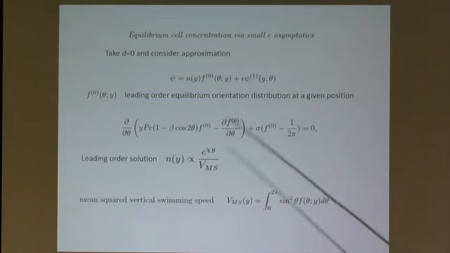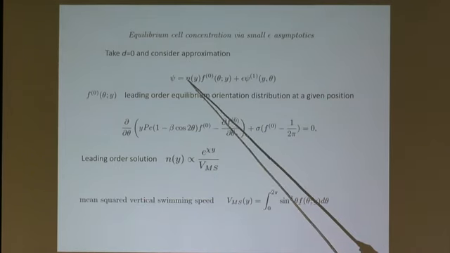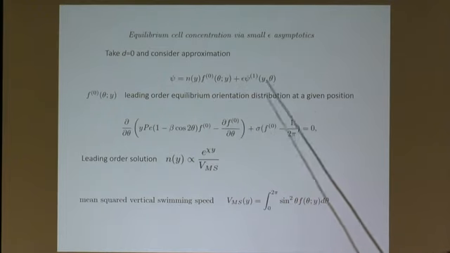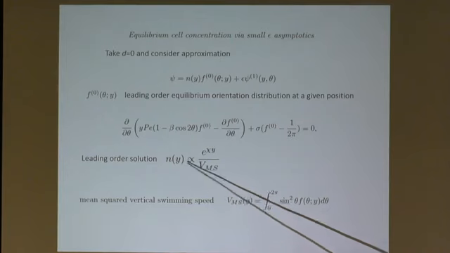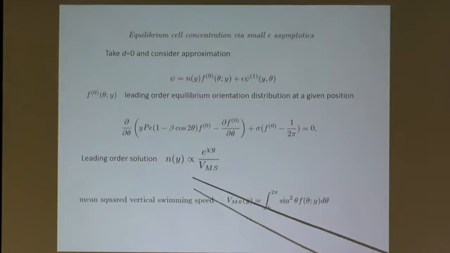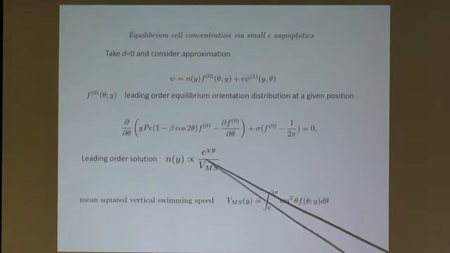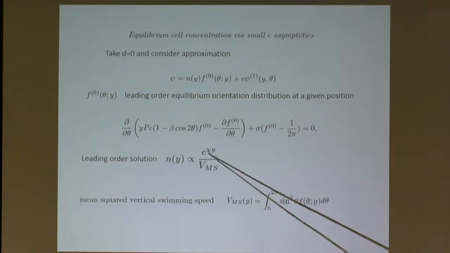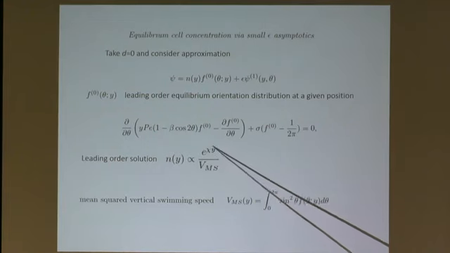And the parameter N, which is the cell concentration at leading order, the leading order solution for the cell concentration, turns out to be proportional to this exponential function of chemotactic strength. That's expected. It's standard in chemotaxis models.